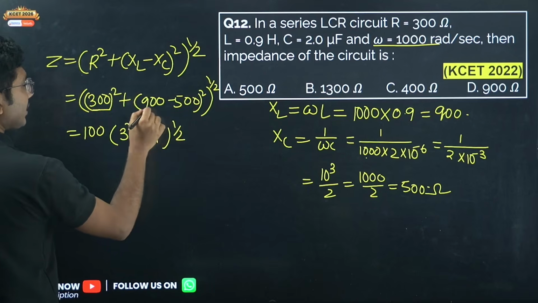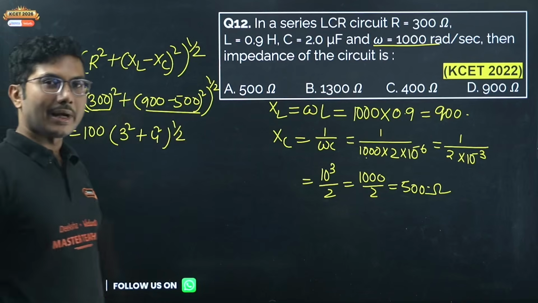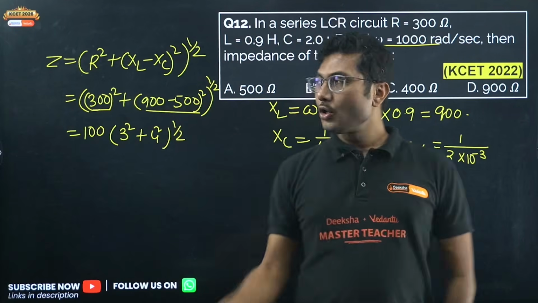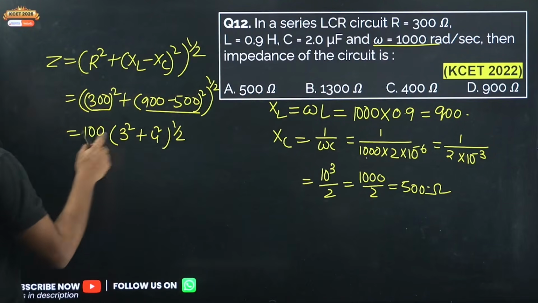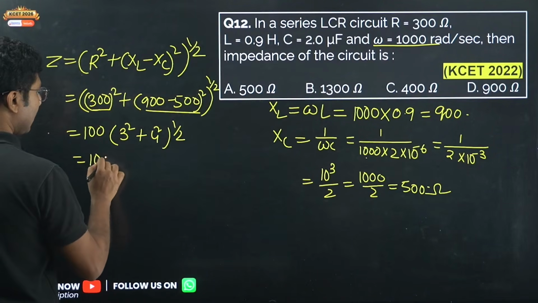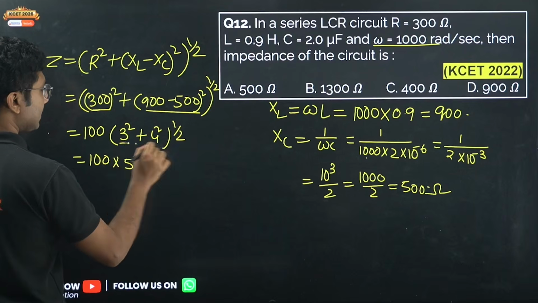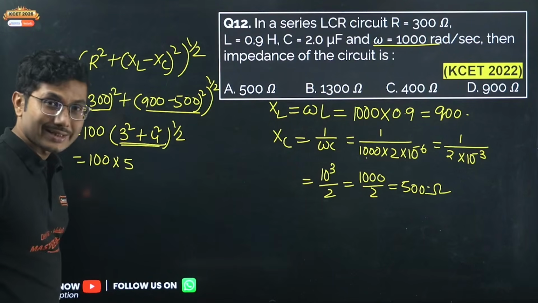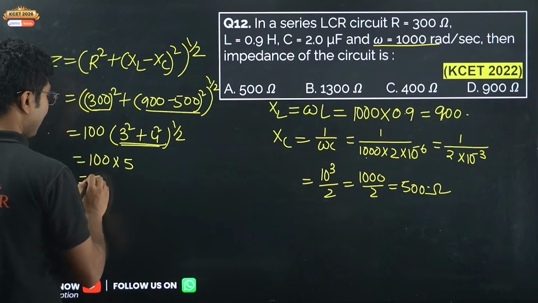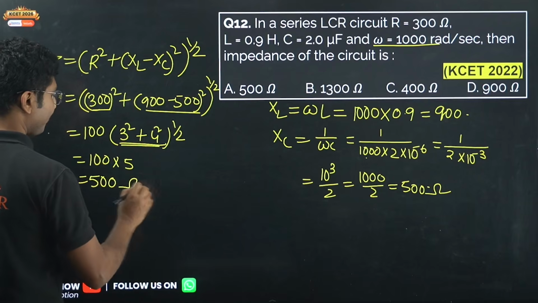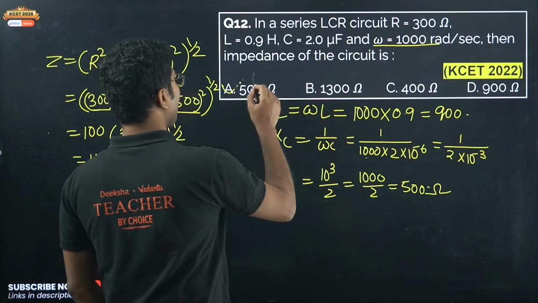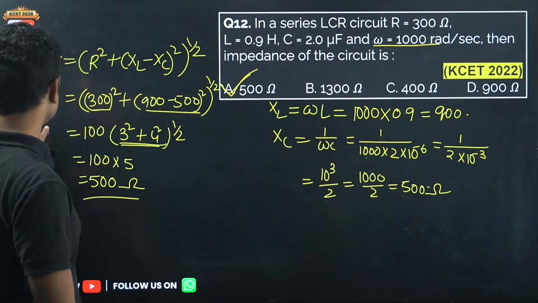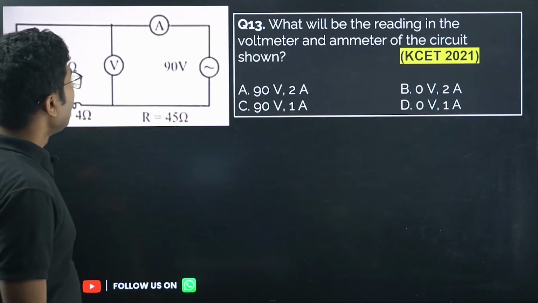This is 3 square, and 900 minus 500 will be 400; we have already taken 100 outside, so only 4 is left. 3 square plus 4 square is 5, so we got 100 into 5, which is 500 ohm. So the impedance of the circuit is 500 ohm. Option A is correct.